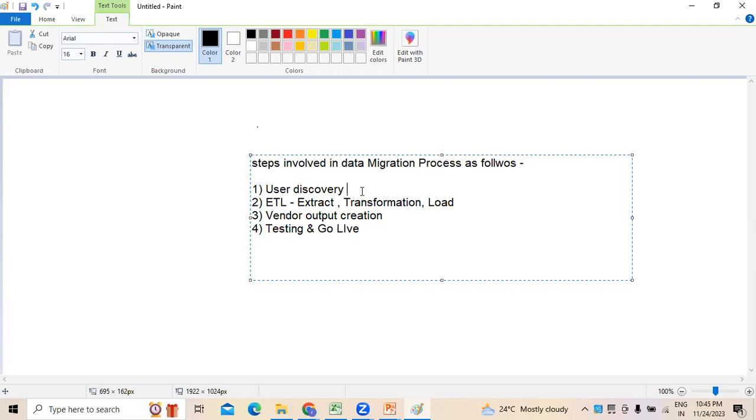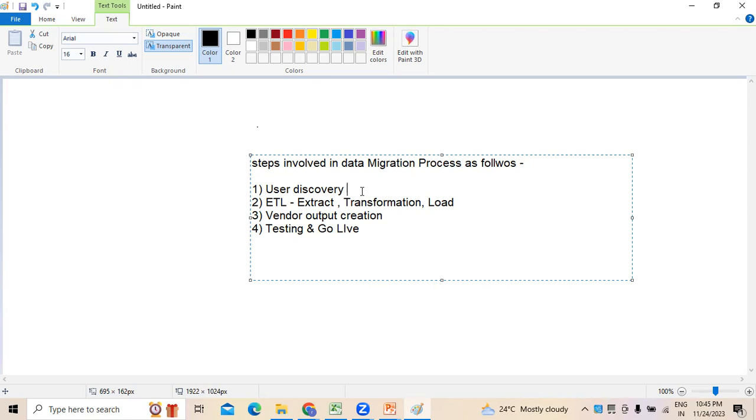So user discovery means whoever the users are about to use this application, that we have to identify here. Users are nothing but people who use this application. Normally, these users are categorized into two different parts. One is external users, second is internal users.